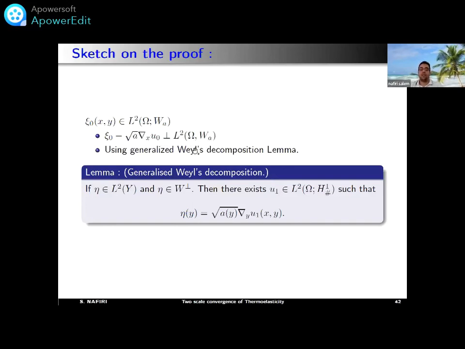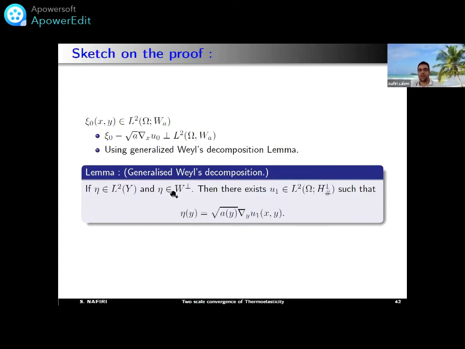You can also use the generalized Weyl decomposition lemma, which says that if eta is in L2 of Y and in the orthogonal of W, then there exists a U1 in L2 of omega, H1 sharp, such that eta of y is just the square root of A grad y U1.